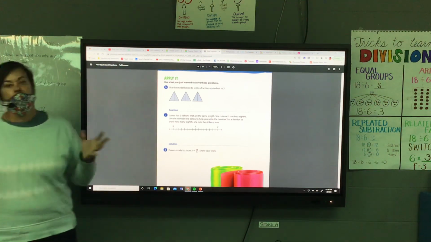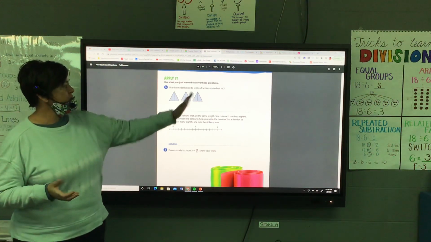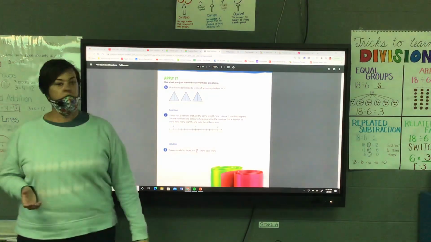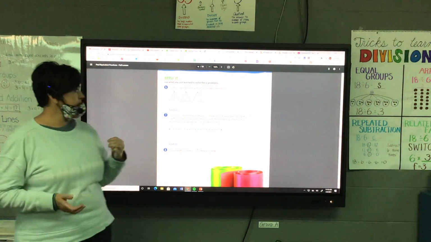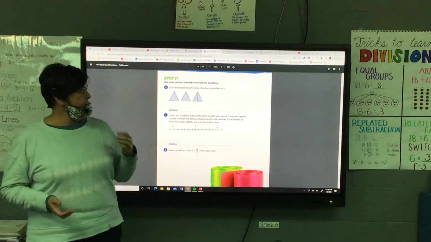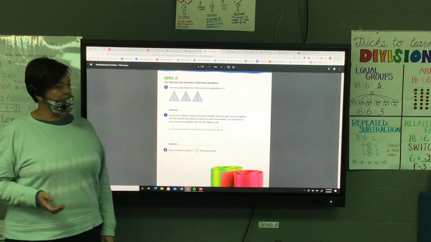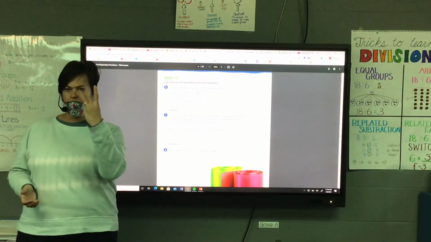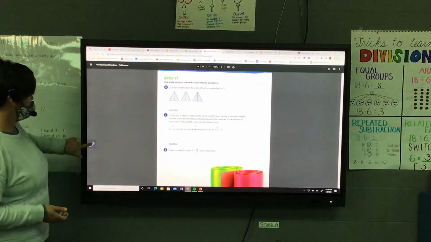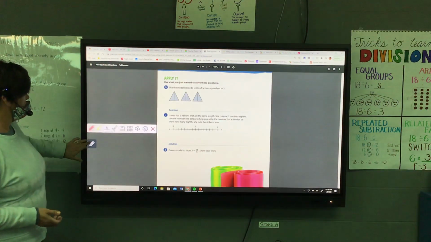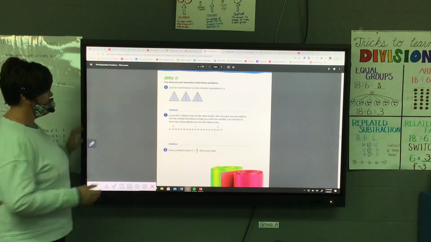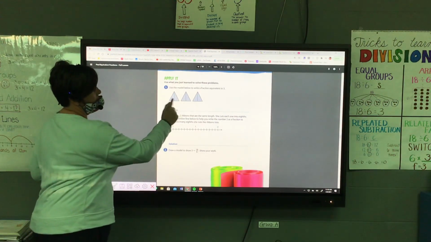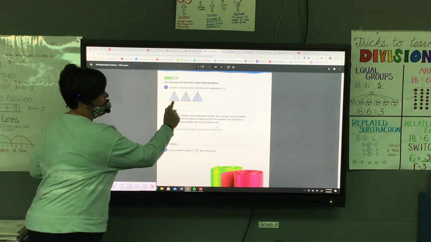All right, now, how many triangles are there here? 3. There are 3, right? So what would be a fraction that would be equivalent to 3 wholes? This would be, how many parts are in this whole? 2.